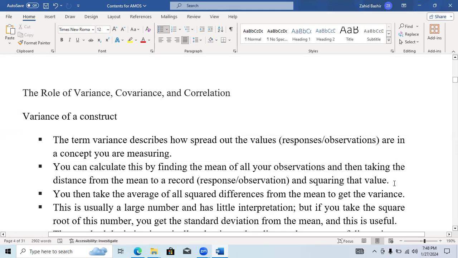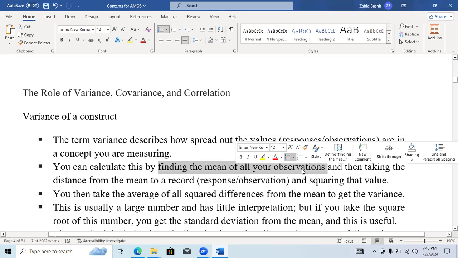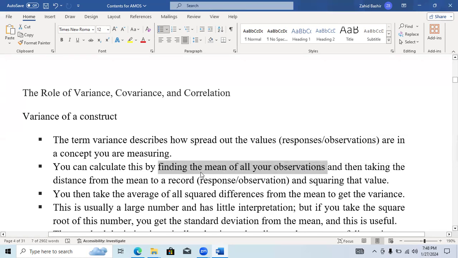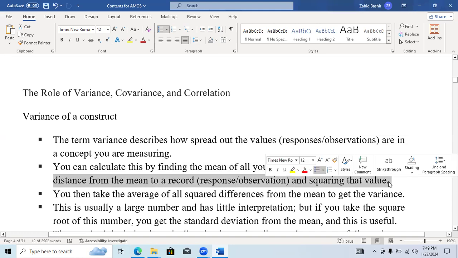For the sake of your understanding, I am explaining that you just need to find the mean of all your observations or responses. Some respondents might have answered a statement with strongly agree, some with strongly disagree. So you find the mean of all your observations, take the distance from the mean to each recorded response, and then square that difference.